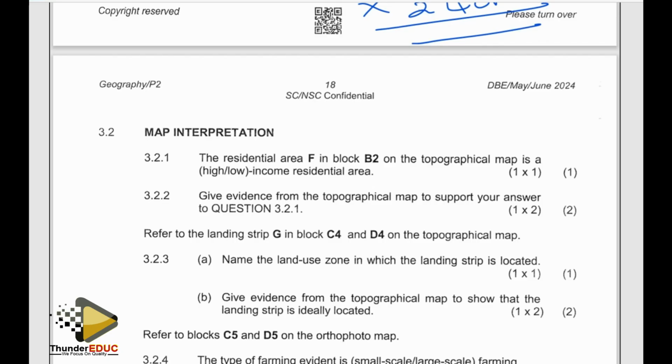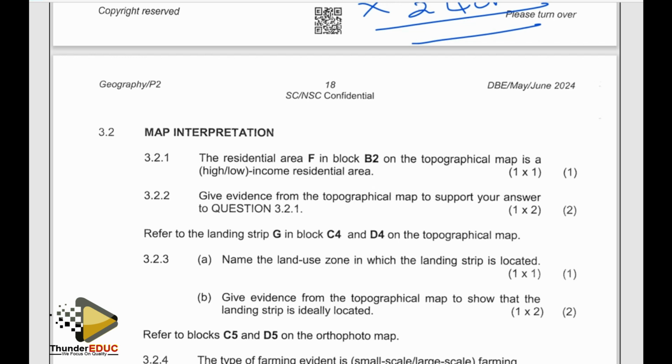If you see the size of the residential stands being so small, it suggests that the area is low income. And if you check also the density of the housing units, if they are more or less in a cluster or they are dense, it suggests that the area is a low income area. And the opposite will be true for a high income area.